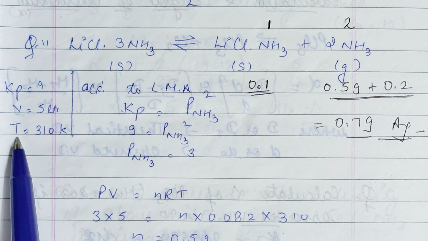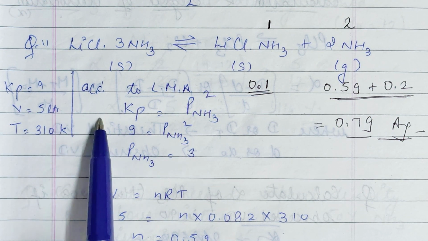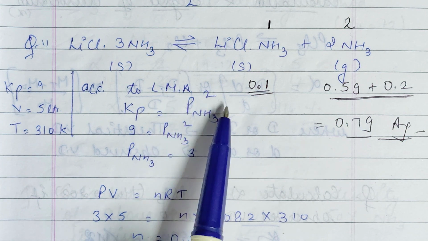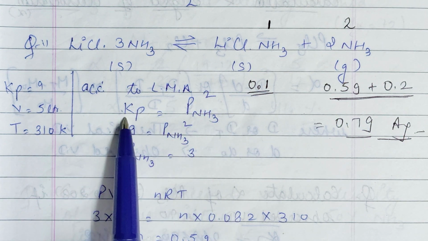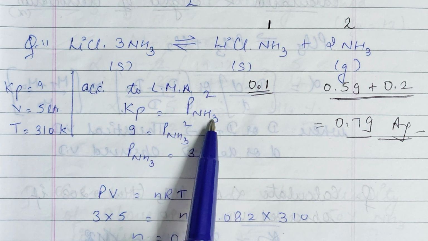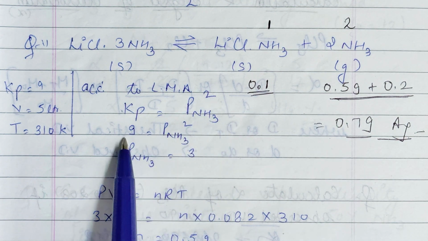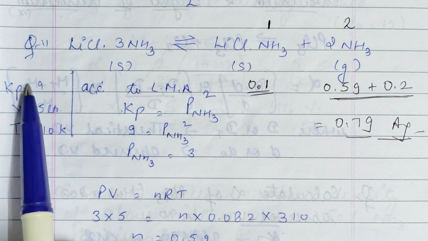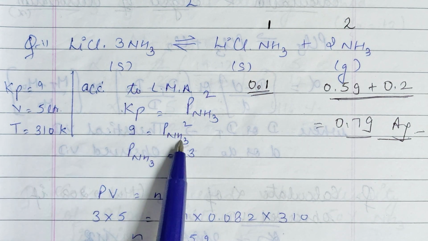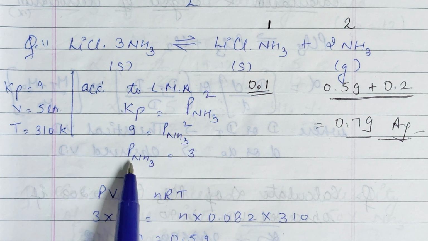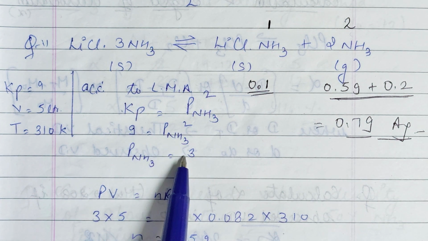V is 5 liter, T is 310 K. According to the law of mass action, we can say Kp equal to P NH3 squared. Kp is 9, so 9 equals P NH3 squared. Taking the square root, we get P NH3 equal to 3.